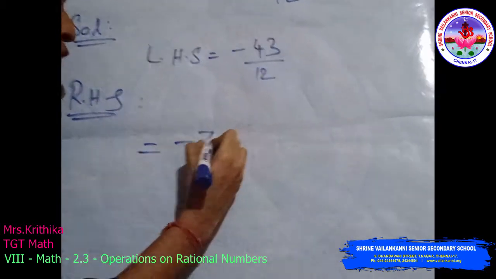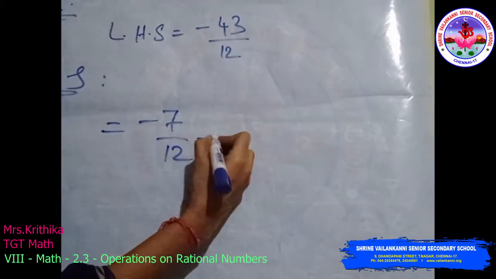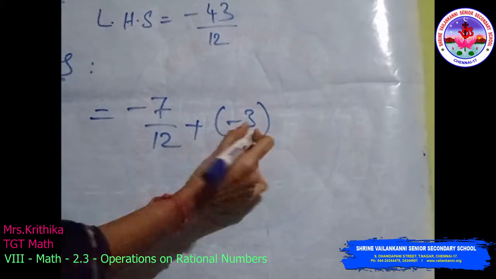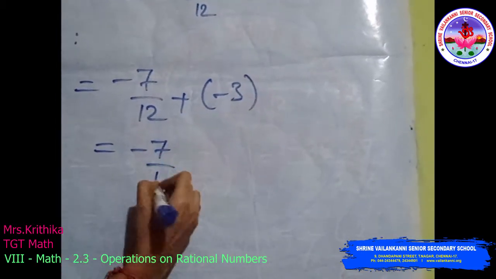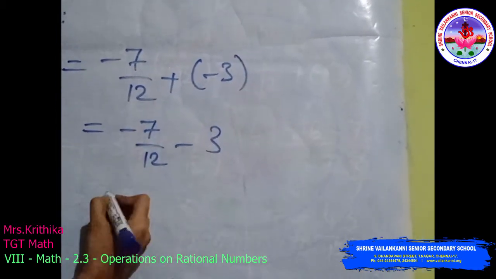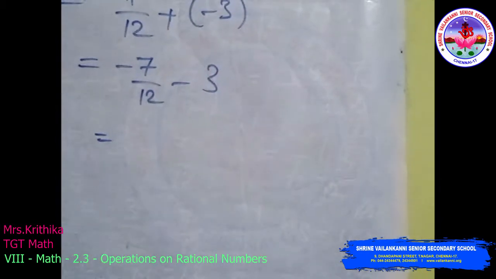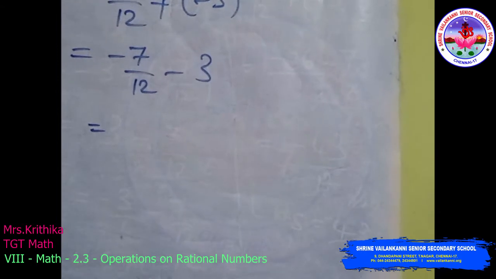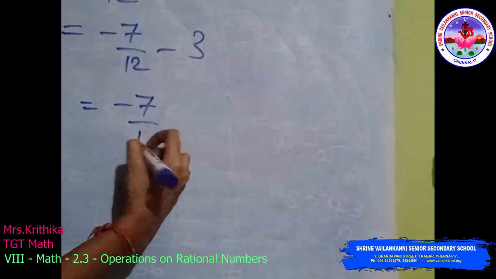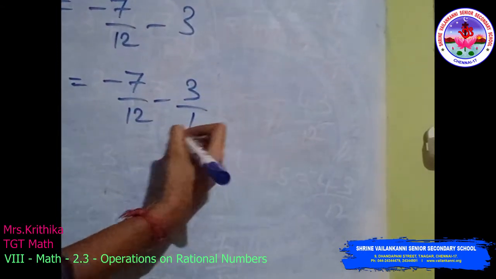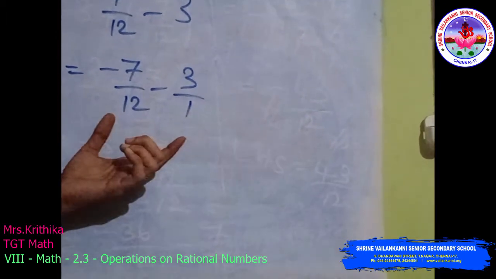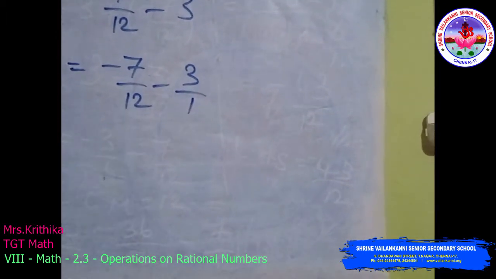RHS is equal to -7/12 plus -3. Plus into minus, -7/12 minus 3. Now -3 is the integer value, converted to rational values. -7/12 minus 3/1. Check the denominator. Denominator is different. So taking the LCM.